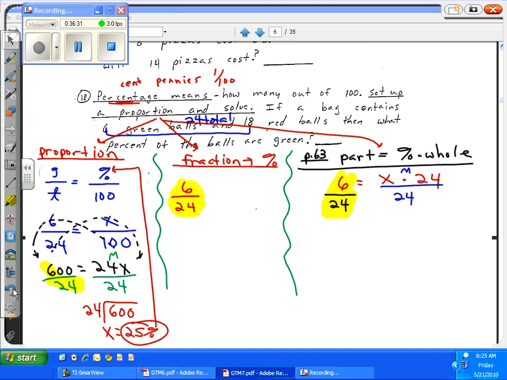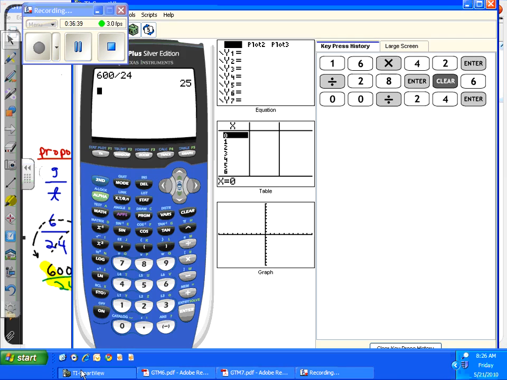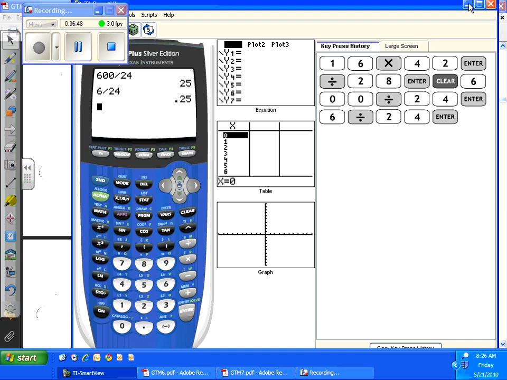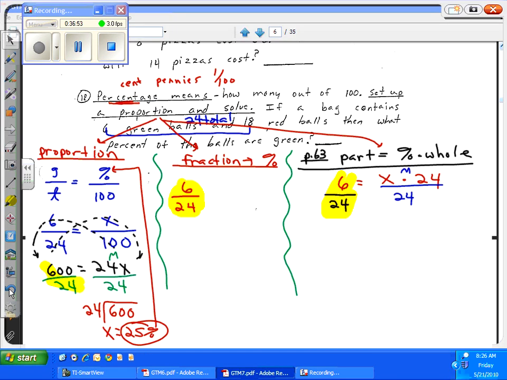Now, if we look at the second one where we're turning a fraction to a percent, what you do is you take the numerator 6 divided by the denominator 24. So we would do 6 divided by 24, and we would get 0.25.